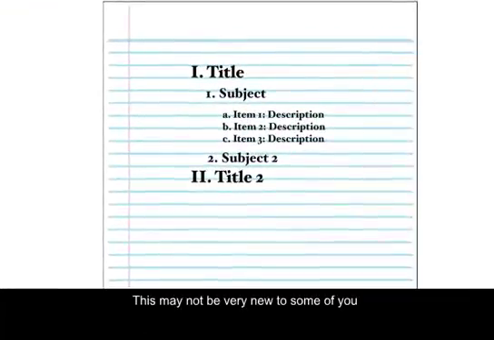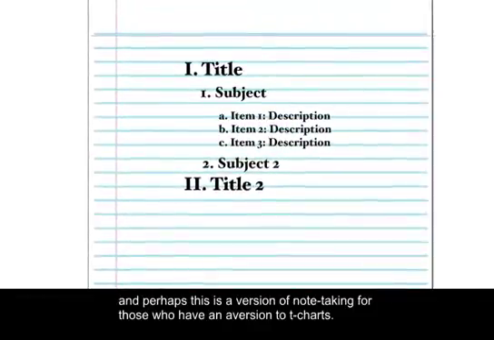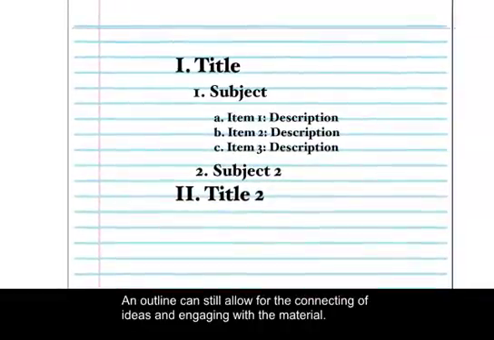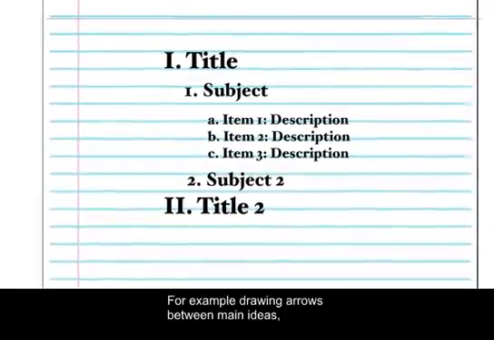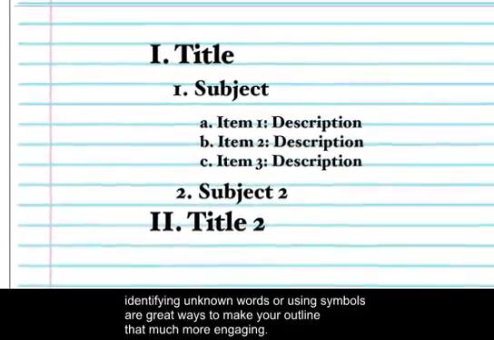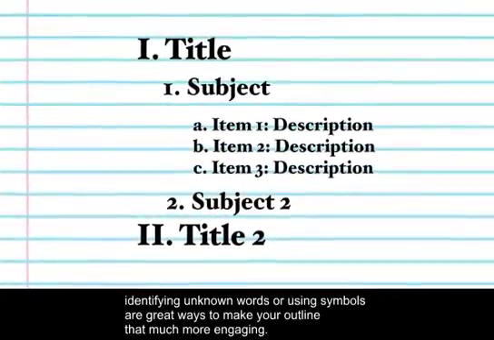This may not be very new to some of you, and perhaps this is a version of note-taking for those who have an aversion to T-charts. An outline can still allow for the connecting of ideas and engaging with the material. For example, drawing arrows between main ideas, identifying unknown words, or using symbols are great ways to make your outline that much more engaging.